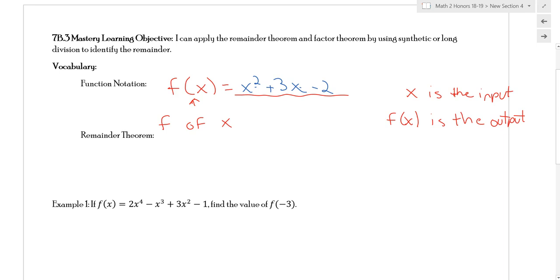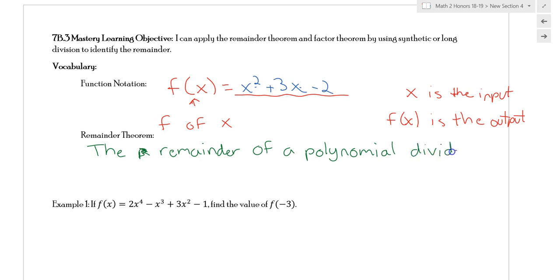And then we have what the remainder theorem is. The remainder of a polynomial divided by x minus c is equal to f of c.